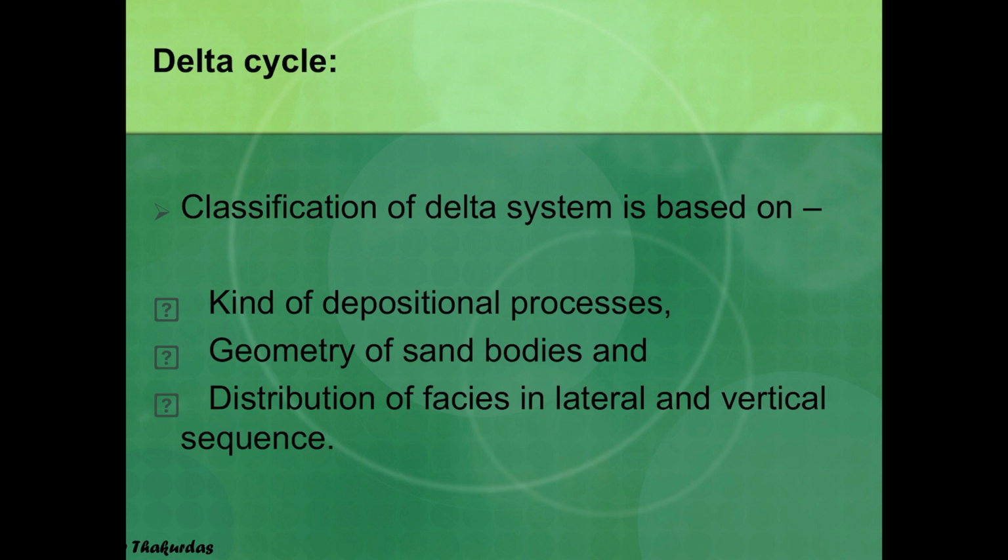Now coming back to delta cycle, the classification of delta that we have already seen, it is based on these three important parameters that you can see on the screen.